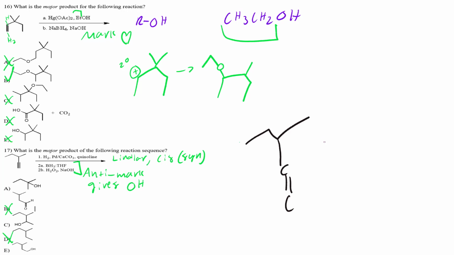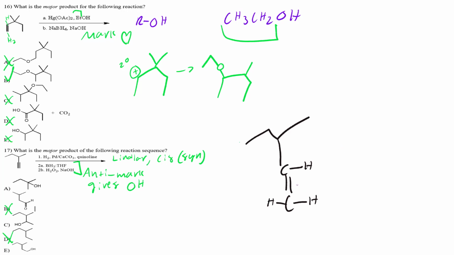And then we have to do an anti-Markovnikov addition. So here's H, and then here's going to be H. Let's see, 1, 2, 3, that means we also have an H right there. 1, 2, 3, 4. So we have to do anti-Markovnikov. Well, where do I put it?